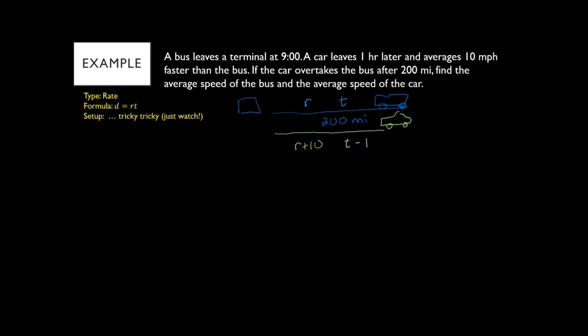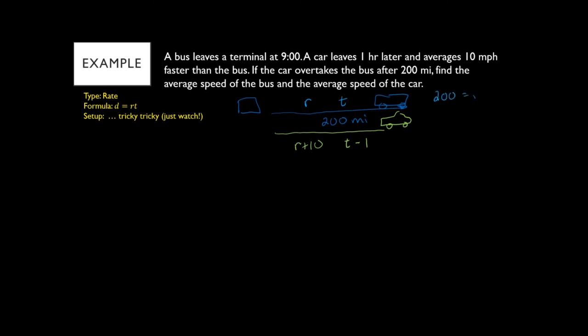So we've got these two equations going on here. The one thing that we know is that they went the same distance. So the distance of one equals the distance of the other. Now I'm going to set up these two equations because we know that they went 200 miles.